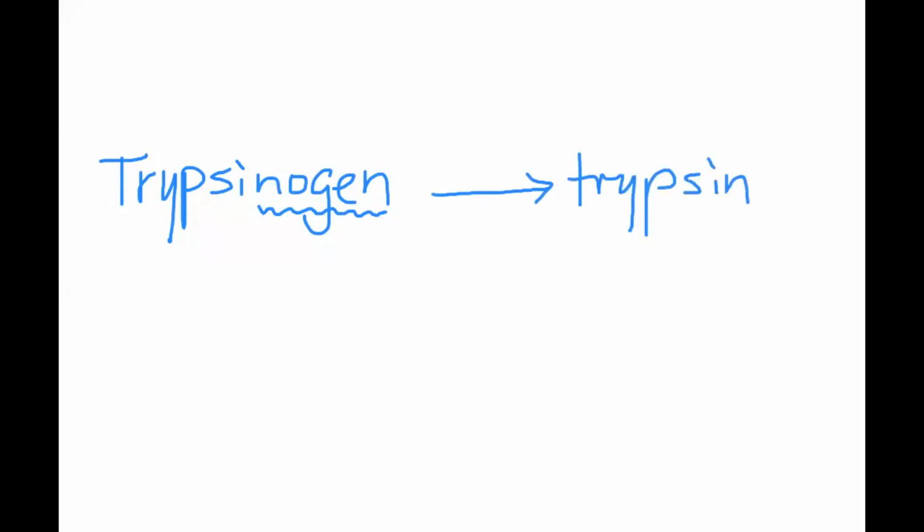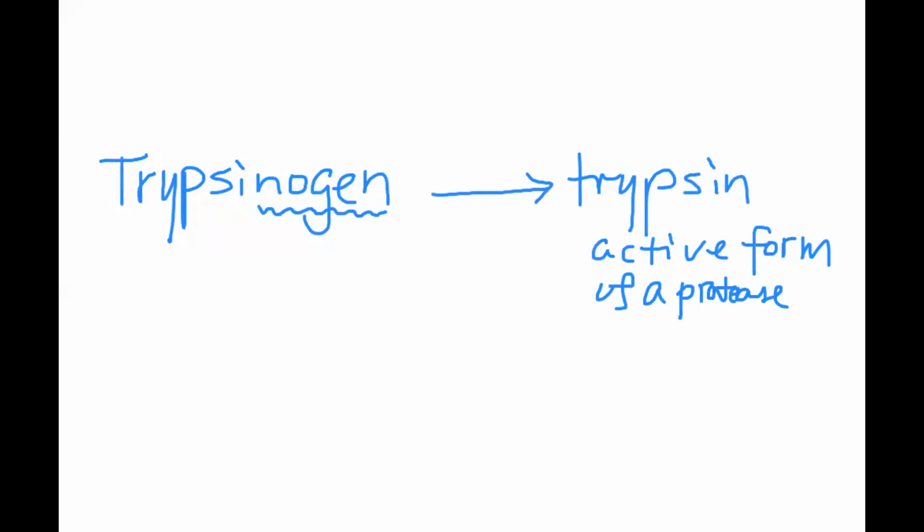All right. So when you have a trypsin, this is the active form of a protease. Protease. Okay. So this one can digest proteins.